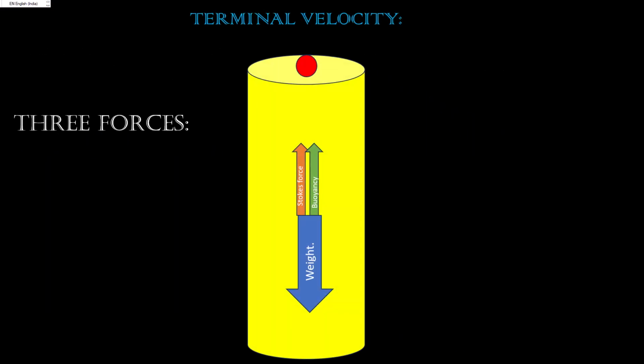Now we are going to calculate terminal velocity. Terminal velocity is achieved by three acting forces: the weight of this ball, the Stokes force, that is the dragging force in the upward direction, and the buoyancy of the fluid in the upward direction.